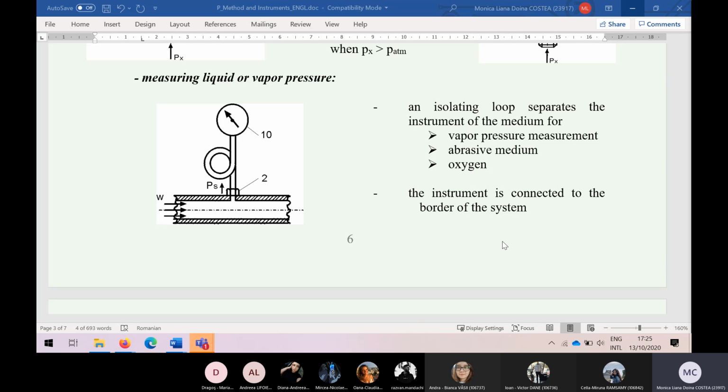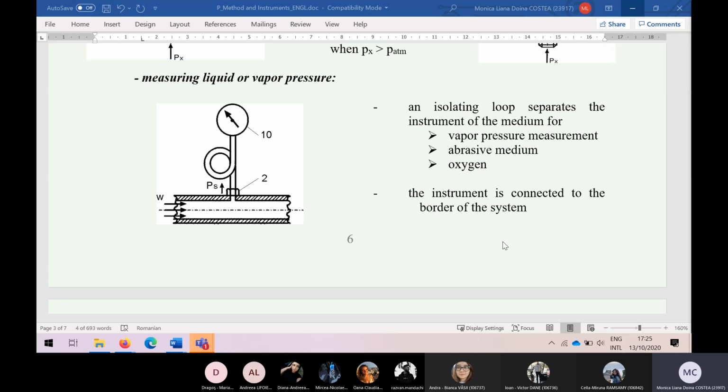And there are cases when we use this Bernoulli principle, mainly the air intake in an internal combustion engine where we have a nozzle, and this nozzle determines the increase of speed.